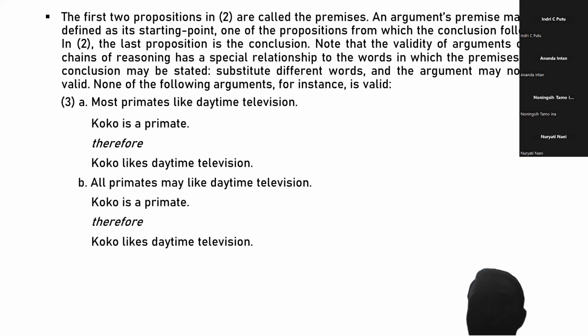When the statement is chained with all, it does not affect the conclusion itself. As you can see, with most and all, the second proposition in the second example, most is changed to all, so the conclusion, or the pattern of the conclusion, is not changed.